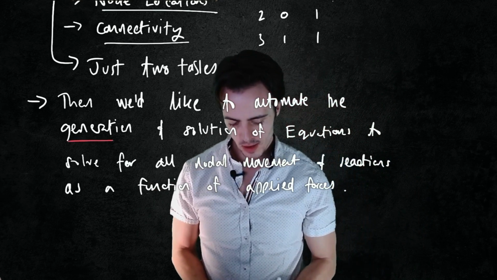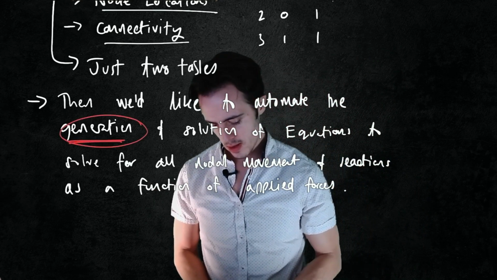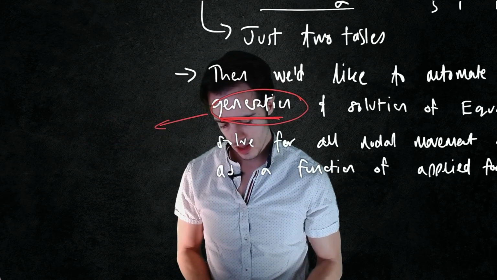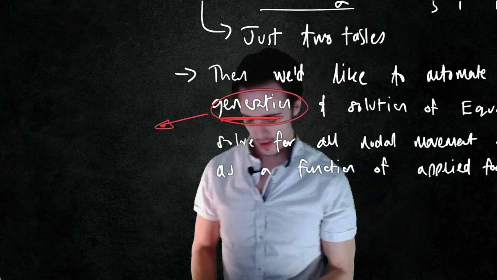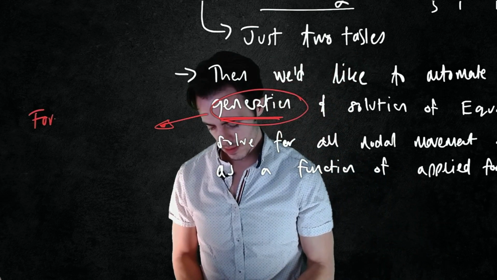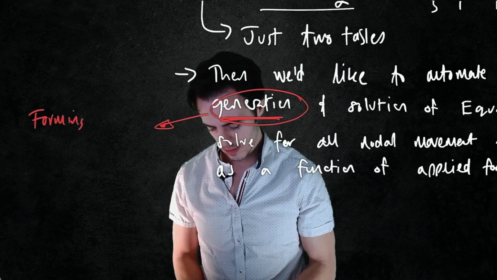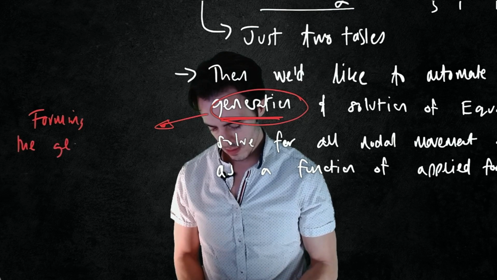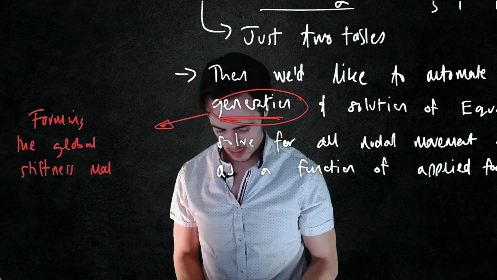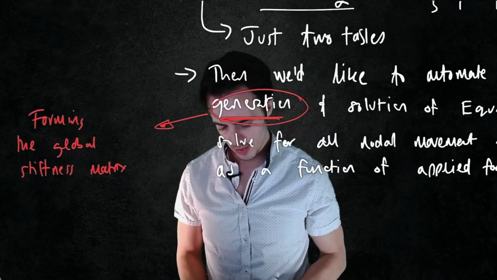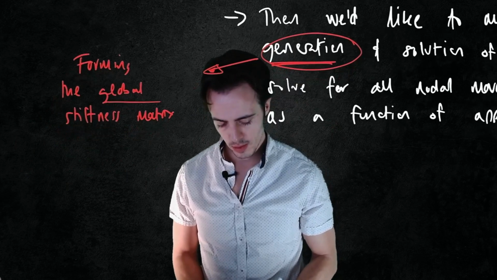So the generation side of things is going to be forming the global stiffness matrix. This won't mean much yet, but we'll get there.